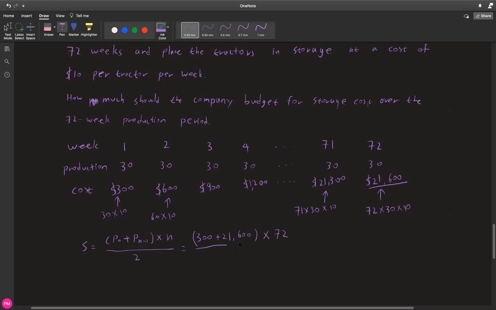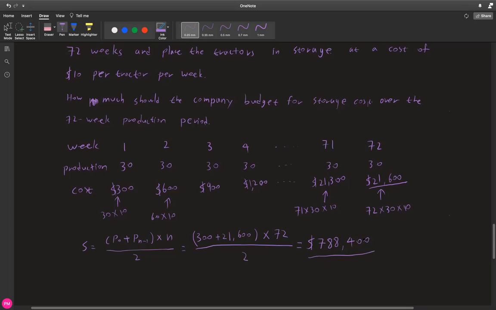And you're simply taking the number and dividing it by 2. If you plug this into a calculator correctly, you should end up with $788,400. And this is the answer that this problem is looking for.